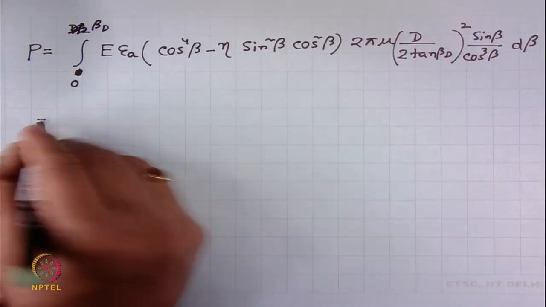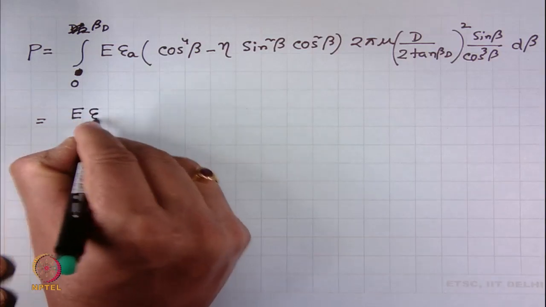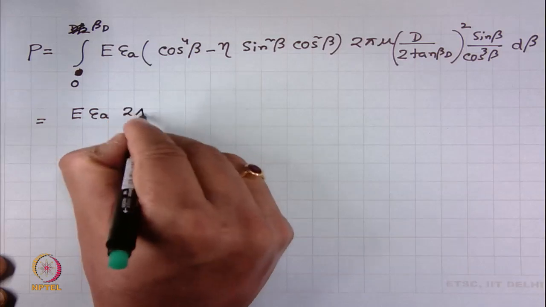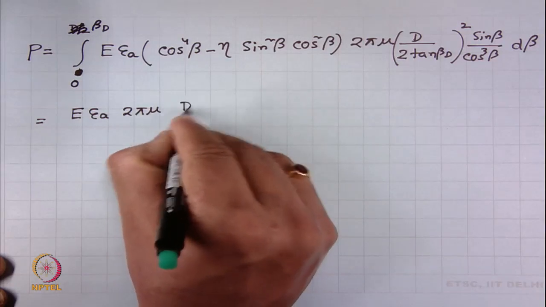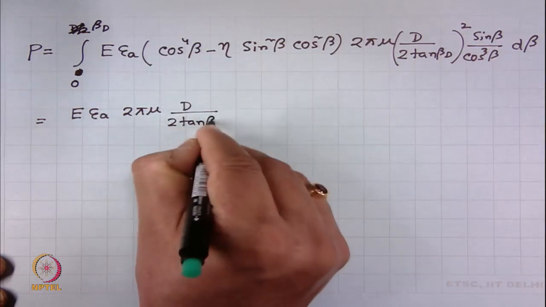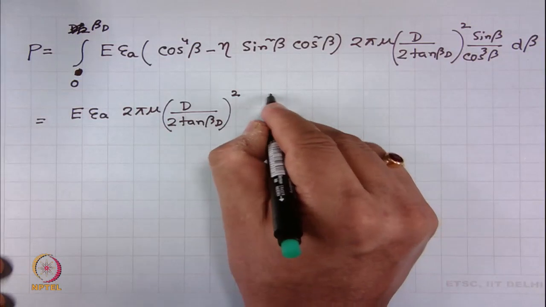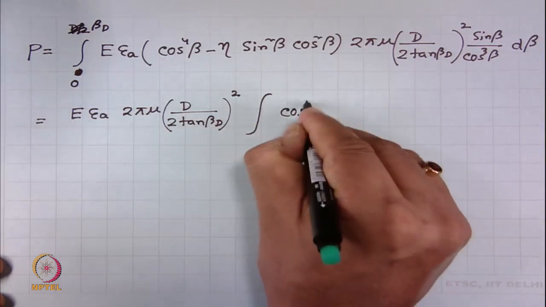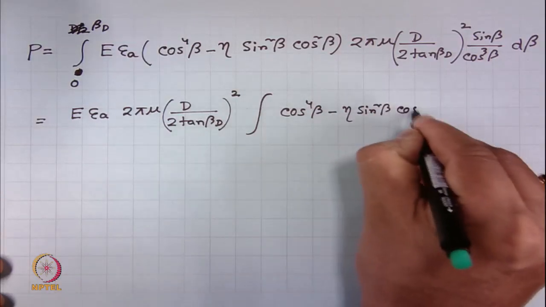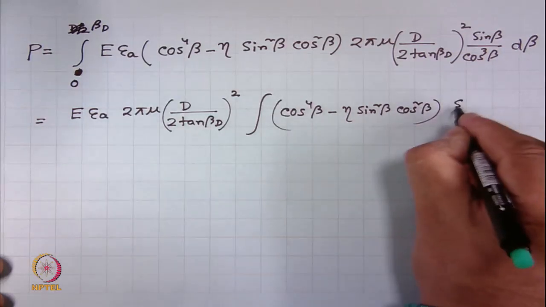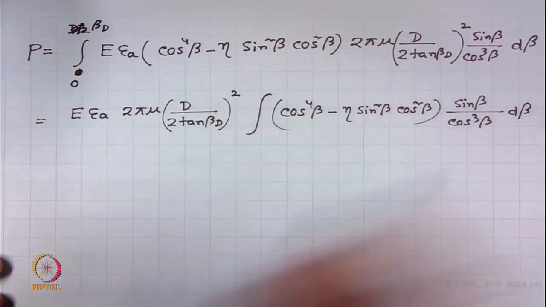So, what we obtain is E epsilon a by 2 pi mu into d by 2 tangent beta squared, integration cos to the power 4 beta into d beta.